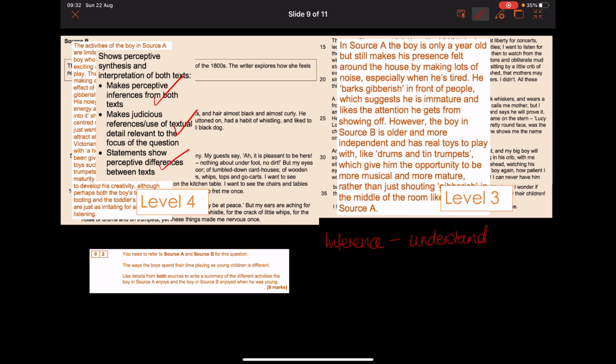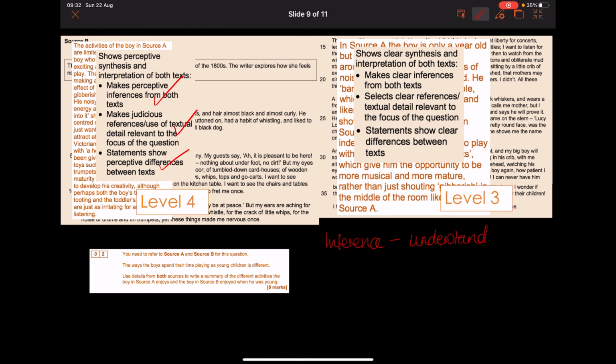Okay, and you've shown perceptive differences between the texts. With the level 3, you can actually see that there's not a lot of quotation there, so we need some more of this. Okay, and are clear inferences made from both texts? Not in great detail, I wouldn't say. Or is there a big discussion about differences?